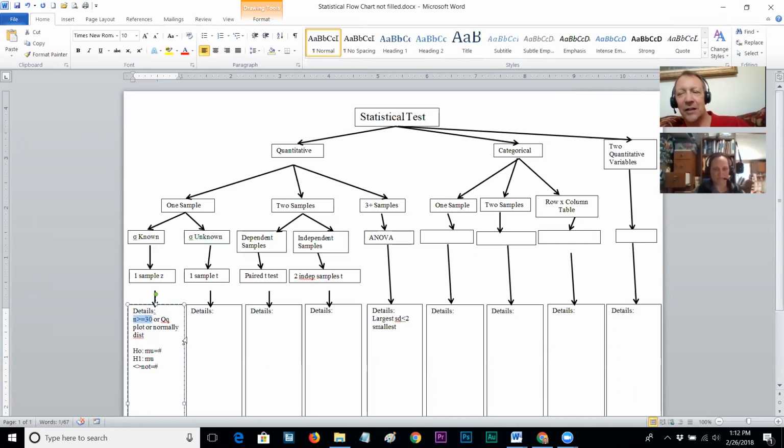On your test, a lot of times, if it's 30, you'll assume it's normally distributed, but in real life, you should always do a histogram and/or a QQ plot to make sure your data are normally distributed. So 30 is the smallest it should be to get away with it.